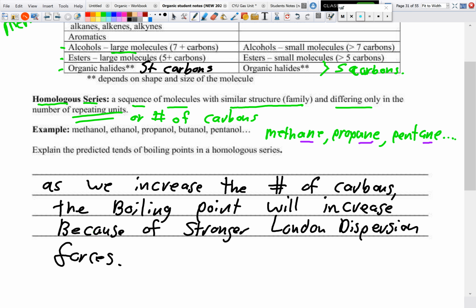That's how you can predict as you go up a homologous series. We should see an increase in boiling point because we're increasing the number of carbons and hydrogens, and of course that is creating a much stronger London dispersion force.